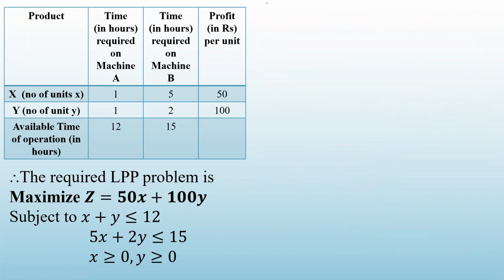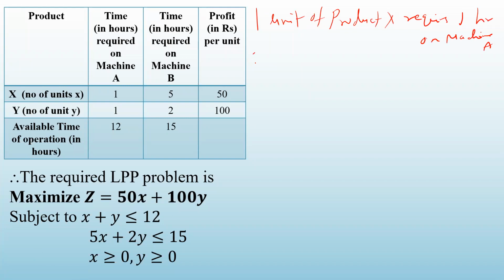So total time, number of hours, time of 1 unit of product X. So how will we write? One unit of product X requires 1 hour on machine A, correct?